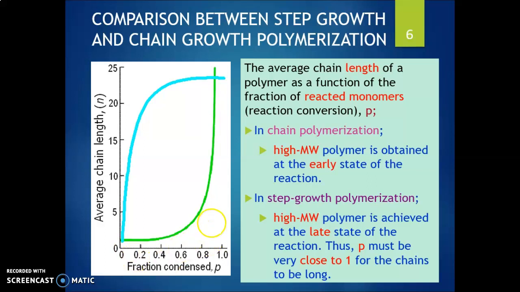The green one is step growth polymerization, in which high molecular weight polymer is achieved at the late stage of the reaction. So P must be very close to 1 for the chain to be long. P cannot be more than 1. It must be equal to 1.